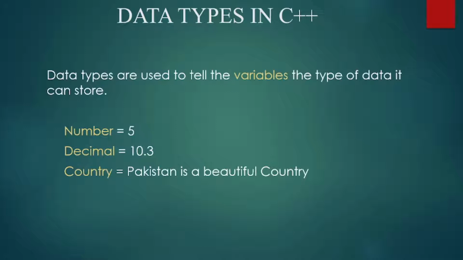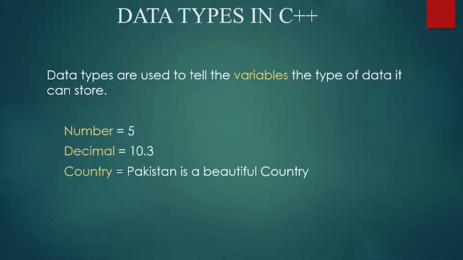So now the question is, what is a data type? Well, when you are creating variables in programming and when you compile your code, those variables will go into the memory and memory will allocate a space for these variables. The memory allocates the space according to the value that you have stored inside the variable.